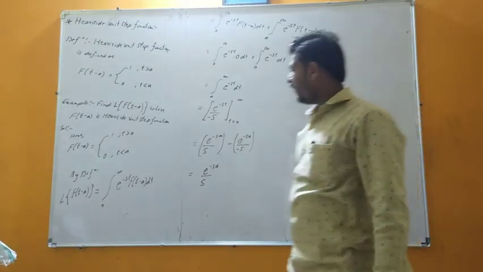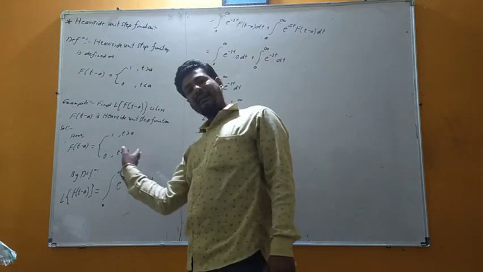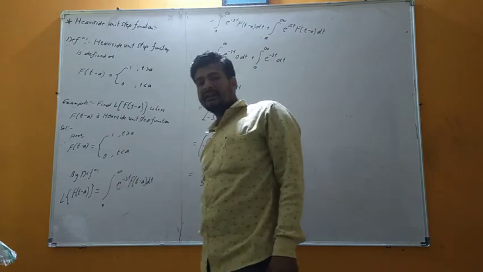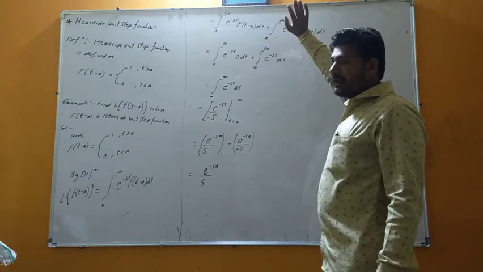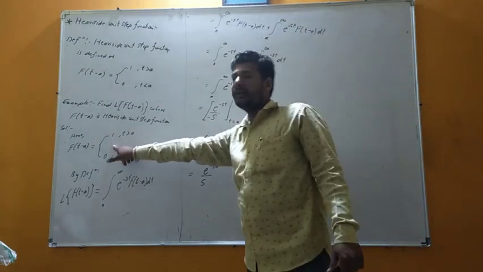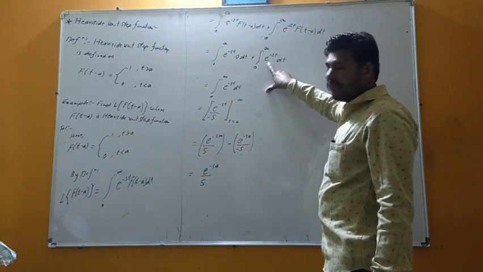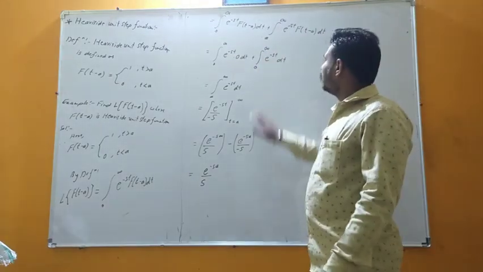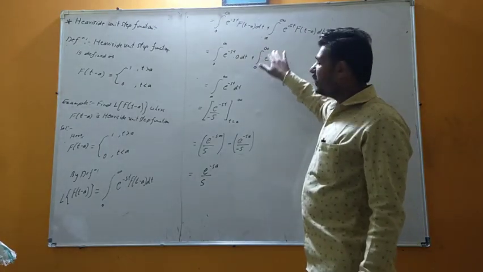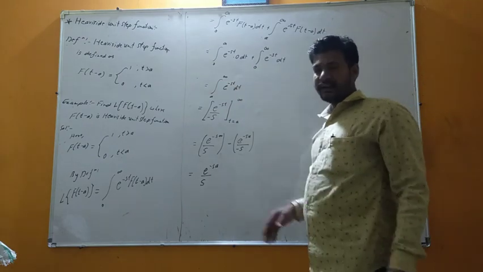When t is greater than a, that is from a to infinity, f of t minus a is 1. The first term vanishes, and we are left with the integral from a to infinity of e raised to minus st into dt.